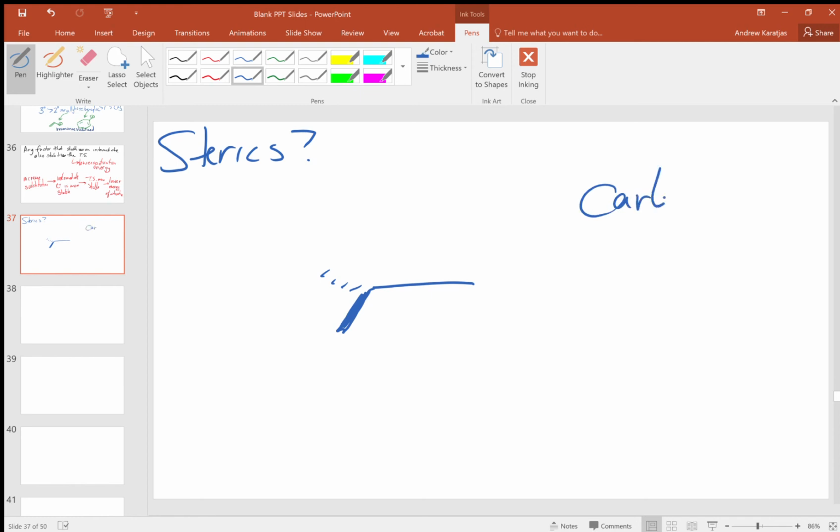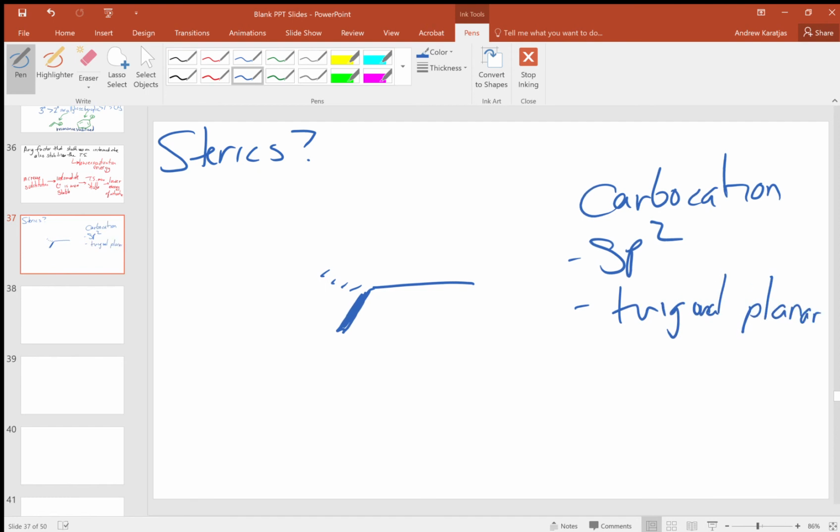But a carbocation is sp2. What that means is that the carbocation is going to be trigonal planar. And so our three substituents, which even if they were just as simple as methyl groups, are all contained in one plane.